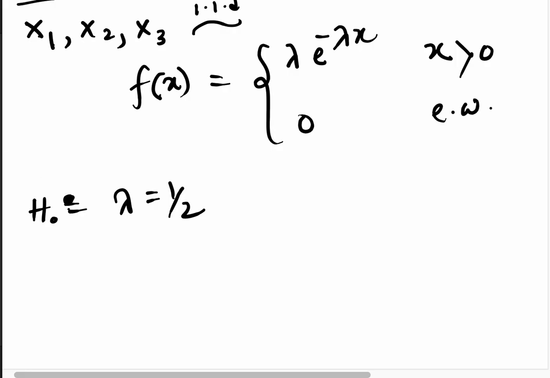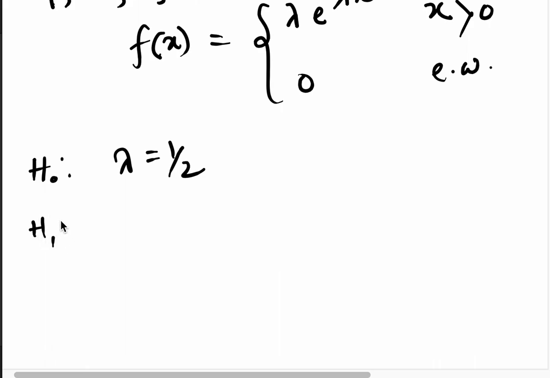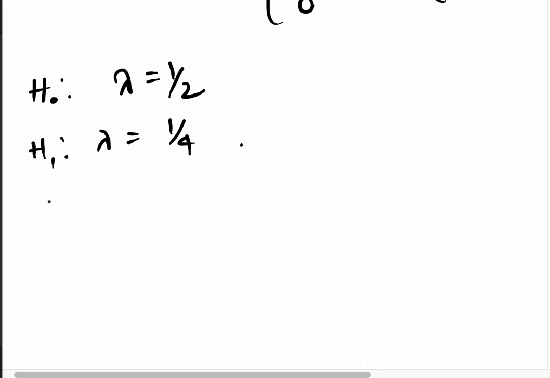So the null hypothesis is lambda equal to 1/2, and the alternative hypothesis is lambda equal to 1/4, and we have to find the most powerful test.